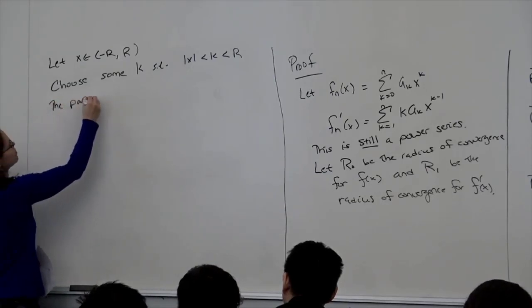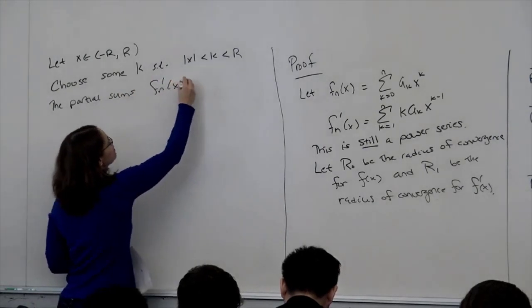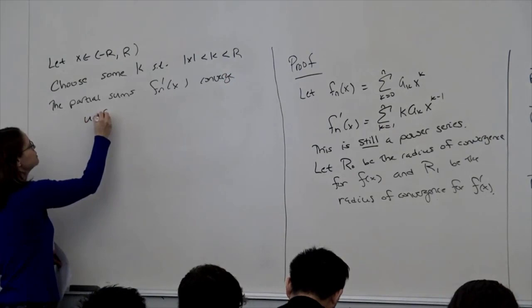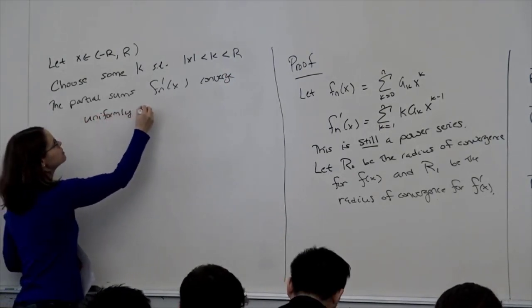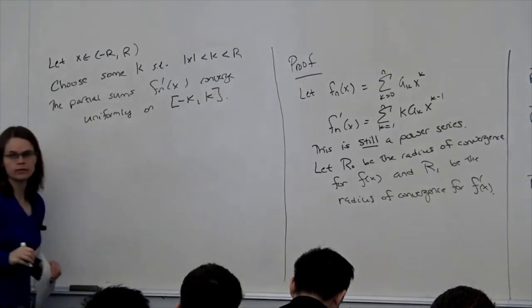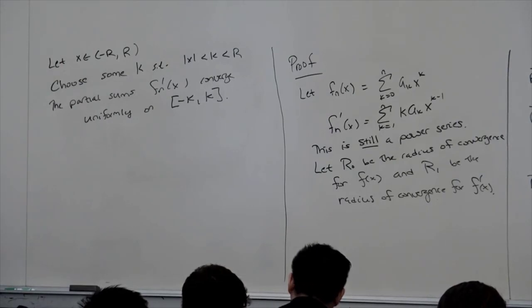The partial sums F_n prime converge uniformly on the closed bounded subset, right?